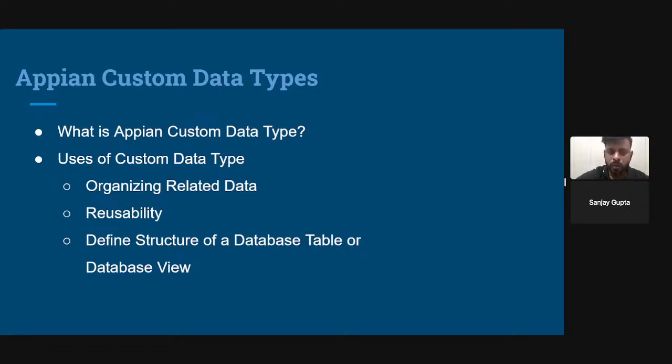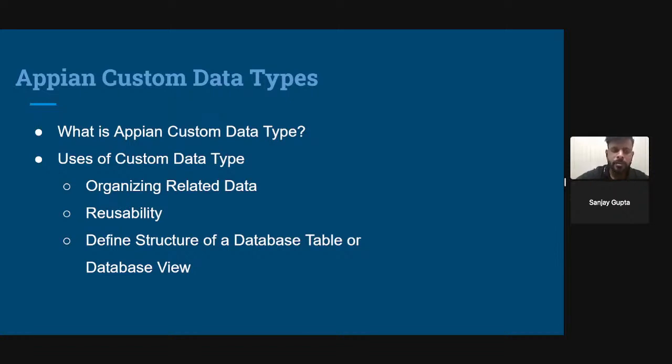To organize this type of related data, we use a custom data type. Suppose there is an employee, and I'm storing employee details. The employee has a name, age, number, address, everything related to the employee. So to organize similar types of data, we create a custom data type.